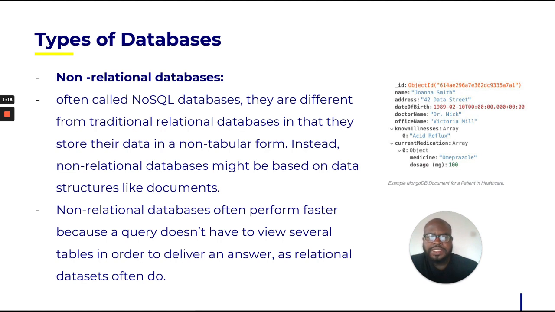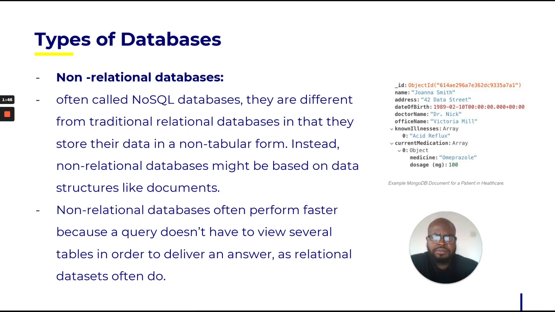And these are quite different from our normal relational databases, because remember we said relational databases store data in tabular form, in tables, rows, and columns. And the difference is just simple. Non-relational databases do not store information in tabular form.